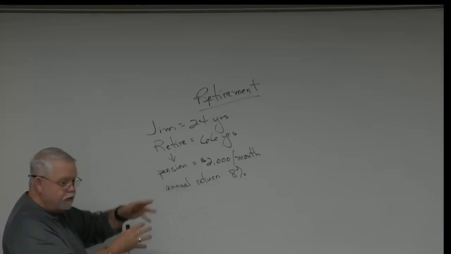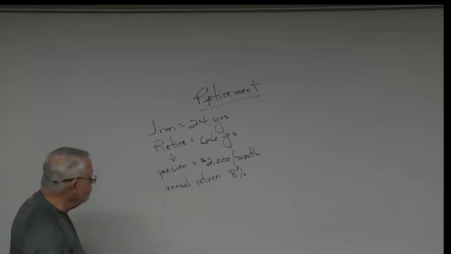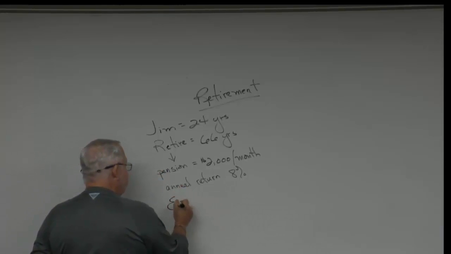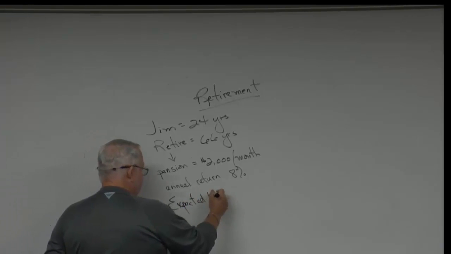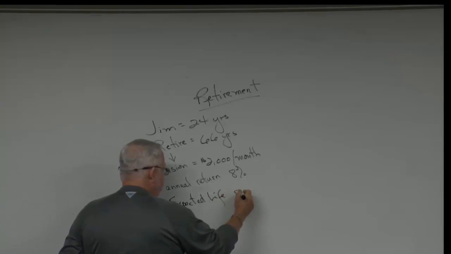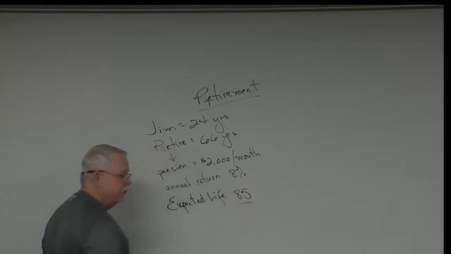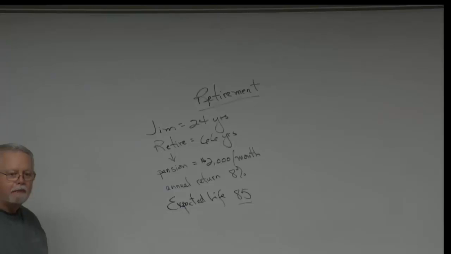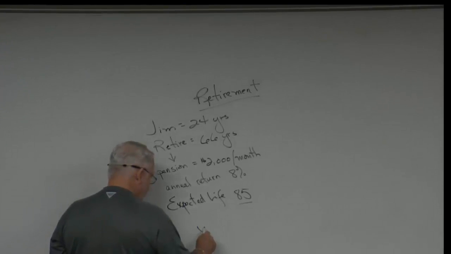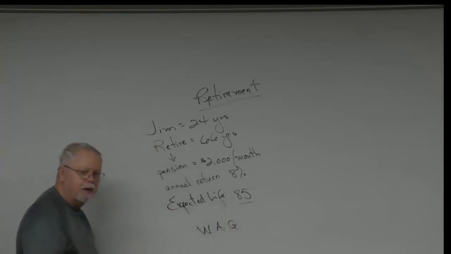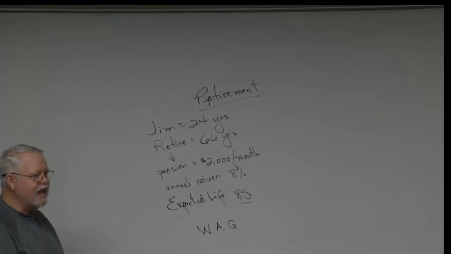And so he goes to the actuarial tables, and they say that he has an expected life. Jim's going to live to be 85 years old. Now, a lot of this is what we in economics call a WAG. A WAG is a wild-ass guess.